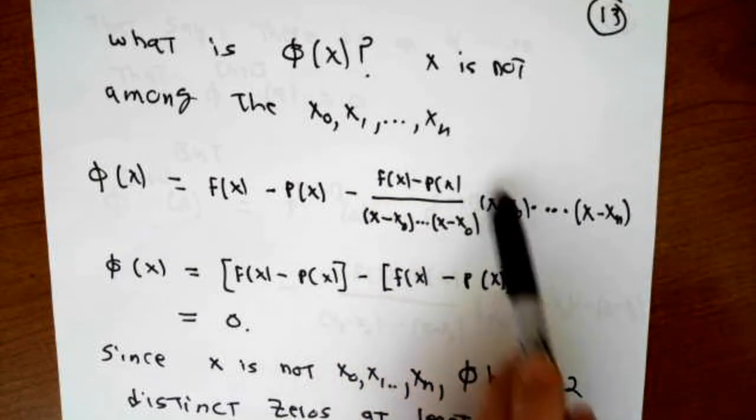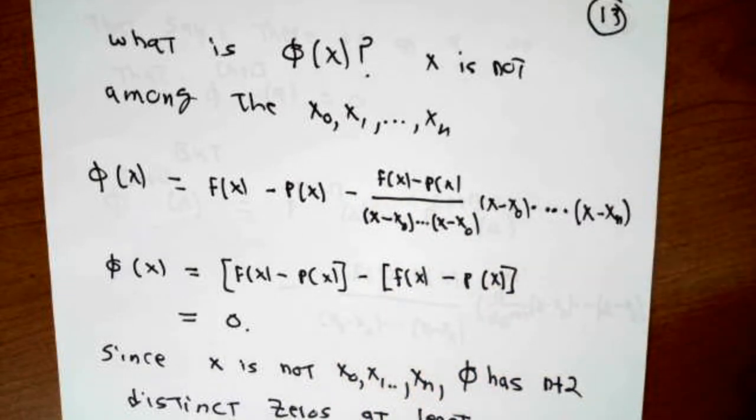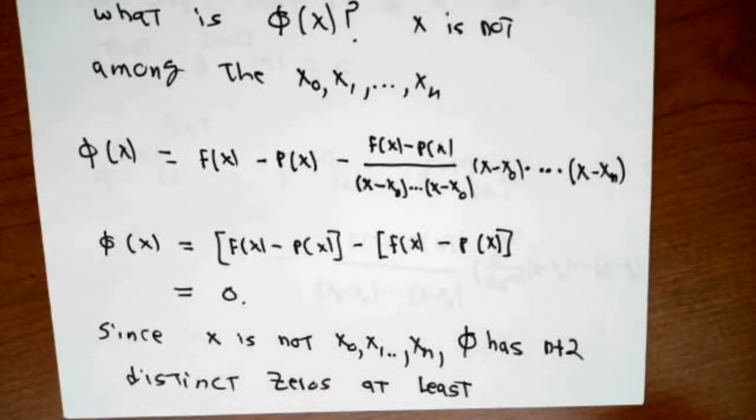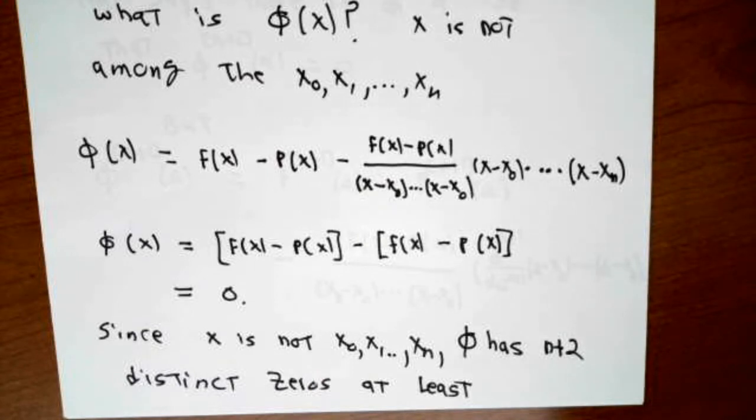These numbers and these numbers cancel each other out. If I take that special x number that I picked at the beginning and am holding constant, then it turns out that phi at that x is 0. On the other hand, x is not one of the x0, x1 out to xn numbers, so this tells me more than I knew before. This phi has at least n plus 2 distinct real zeros.